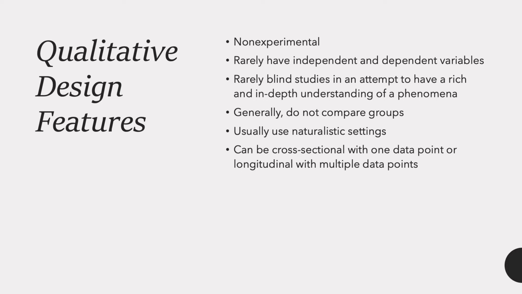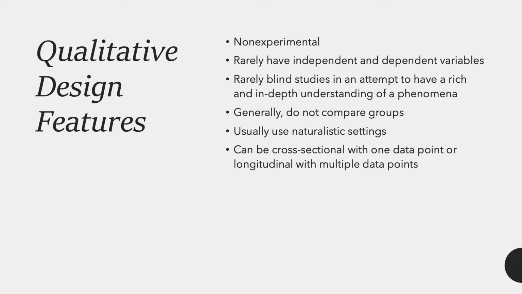Some of the qualitative design features are that it is considered non-experimental. An easy way to understand it is that it usually will not have an independent and a dependent variable, and it probably is not going to have a control group.